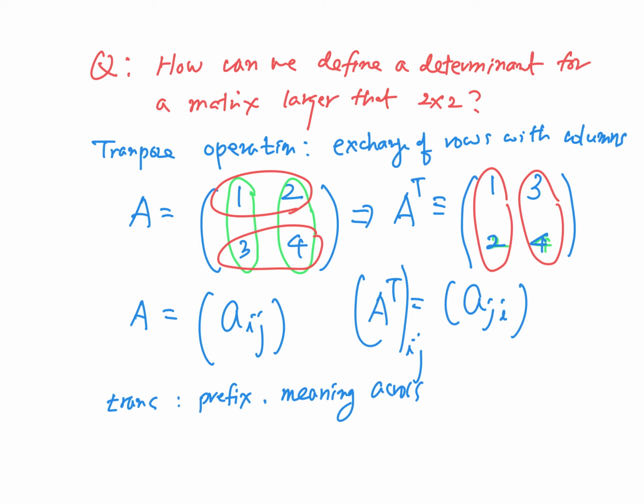So somehow mathematics class becomes English class. Transcontinental means across the continent. Trans-Pacific means across the Pacific Ocean, right?